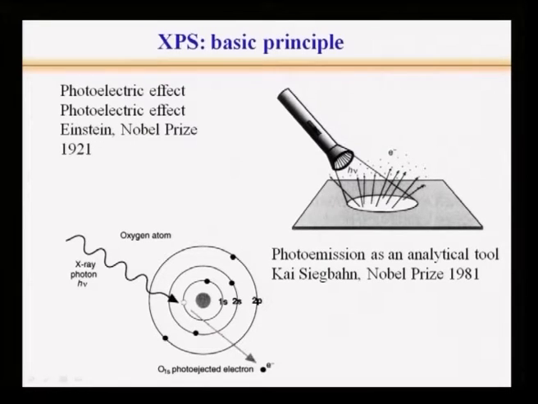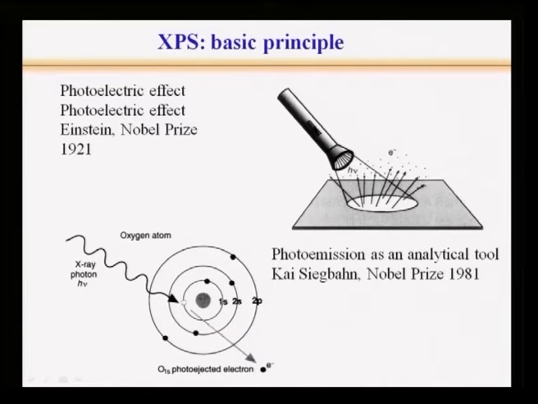What is it going to do? It has a very high energy. It is going to knock out an electron from the inner shell, the 1s shell. The 1s shell had 2 electrons. It is going to knock out 1 electron, and this electron comes out. Now this electron has a specific energy.